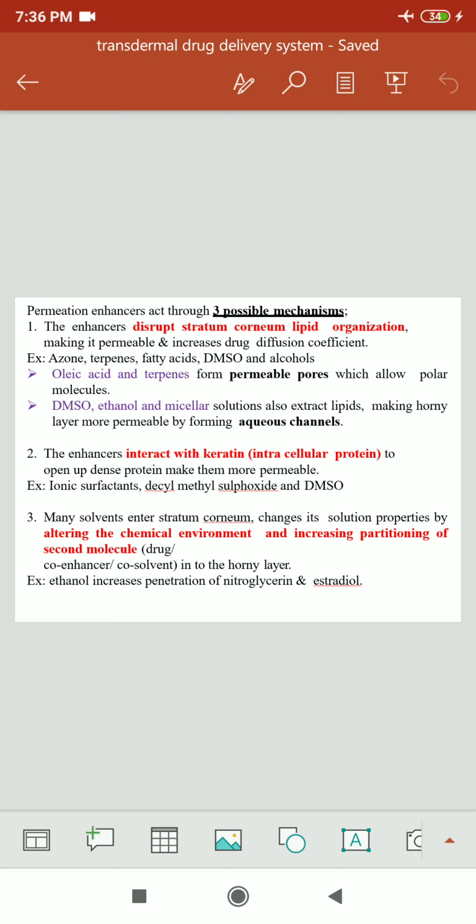By this we are opening the dense protein and increasing the permeability. Ionic surfactants are used. The third mechanism is altering the chemical environment and increasing the partition of the second molecules. So here we are altering the chemical environment and delivering the drug into the horny layer of the skin.